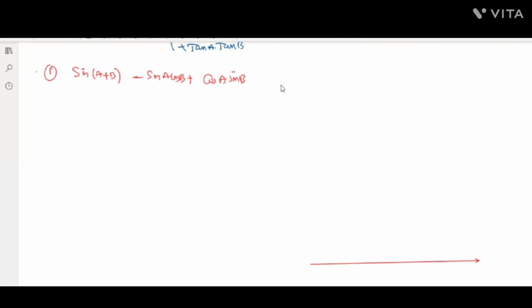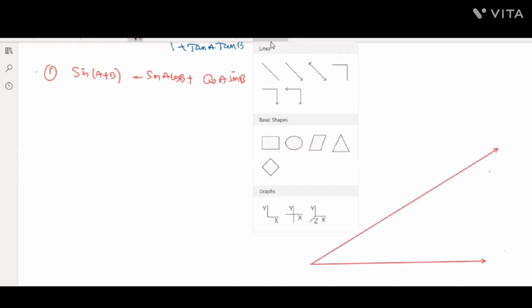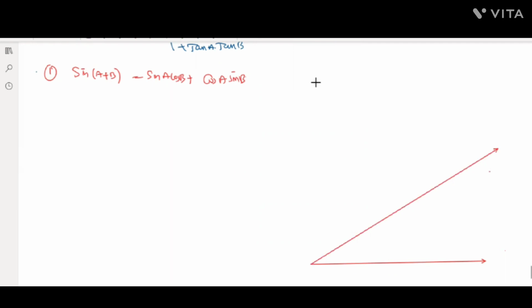So here, this is the initial ray, and these are the other two rays. This is one ray, and another ray is from the same vertex.